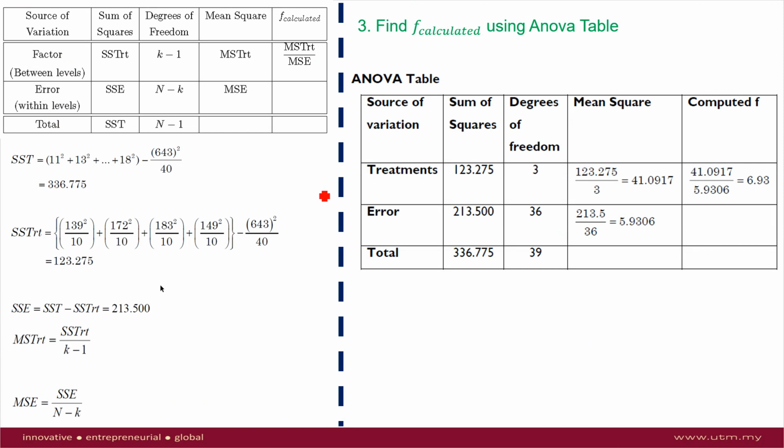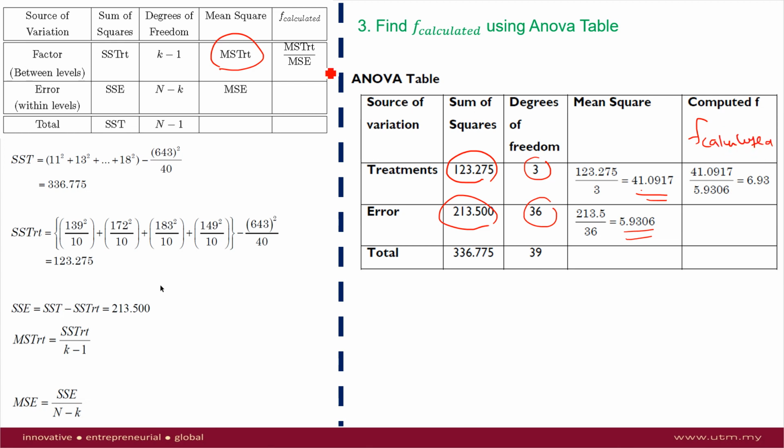Okay, so now this is the value of your MSTRT. So remember, 123.275 divided by 3, and this one 213.5 divided by 36, you will get 5.9306. So now, after we already found all these values inside the table, find the F calculated.